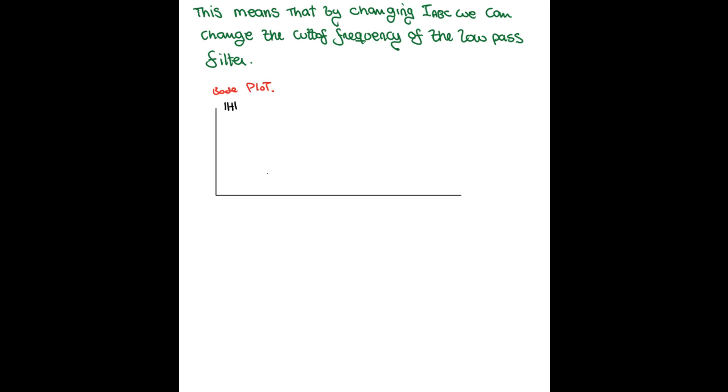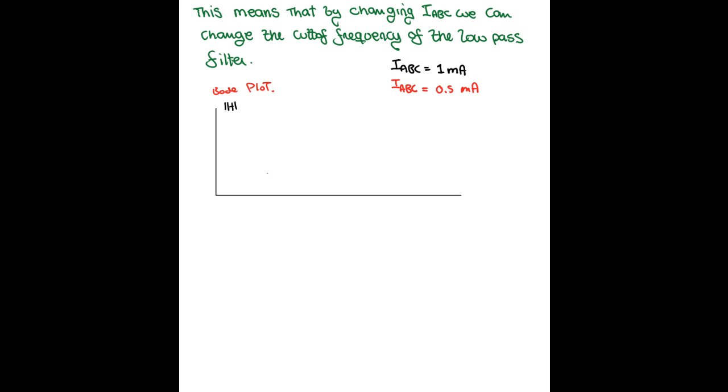Okay, so now let's draw what happens in the Bode plot. So for 3 different cases, IABC is equal, so we start with 1 milliamp. Now we put in red, IABC is equal to 0.5 milliamps.